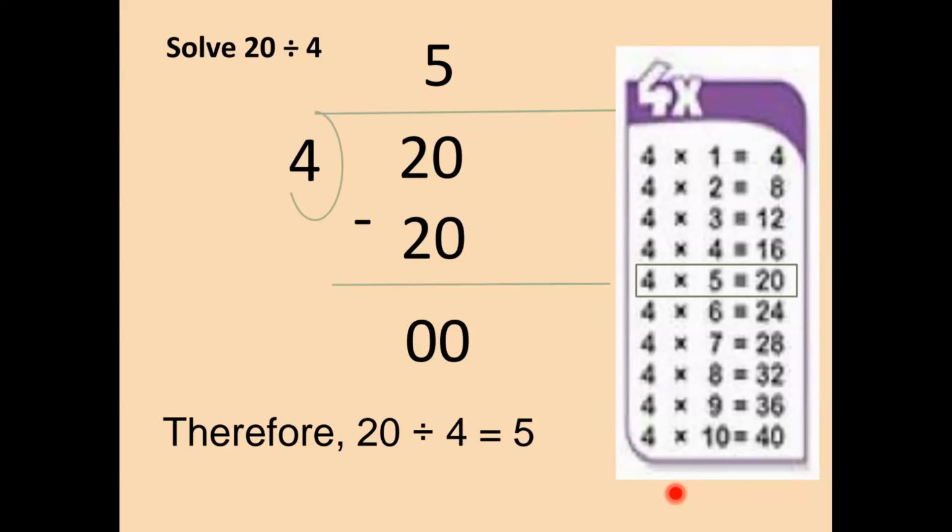Yes. Yes, say. 4 threes are 12, 4 fours are 16, 4 fives are 20, 4 sixes are 24, 4 sevens are 28, 4 eights are 32, 4 nines are 36, 4 tens are 40. Thank you, teacher.